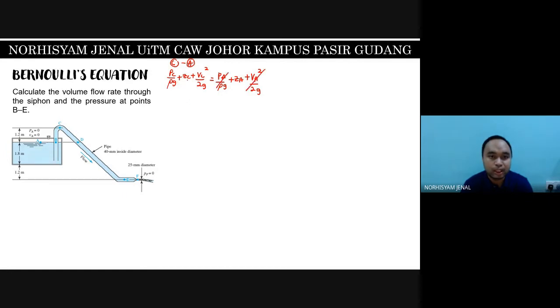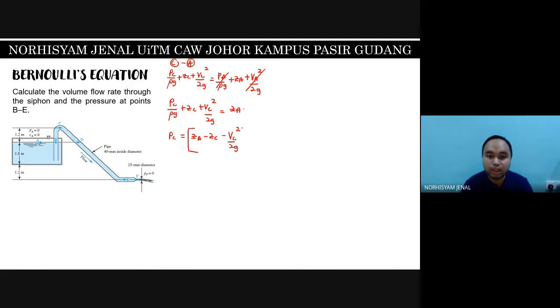C is at the top, PC and VC. So we should do the calculation. PC over rho G plus ZC plus VC square over 2G equals ZA. To find out PC is equal to ZA minus ZC minus VC square over 2G.